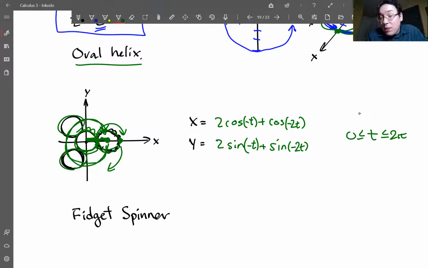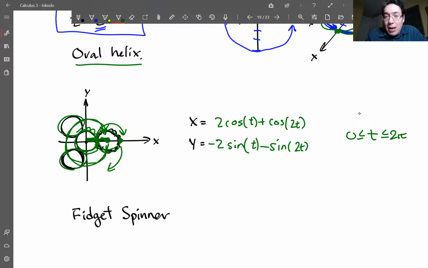Okay, but I could simplify this a little bit. Cosine is an even function, so the negative sign inside doesn't do anything. So I could drop the negative sign inside of the cosine. And for sine, it does matter, but sine is an odd function, so I can pull the negative sign outside of the function. I don't know if it's any simpler, but I'm going to pull it out.